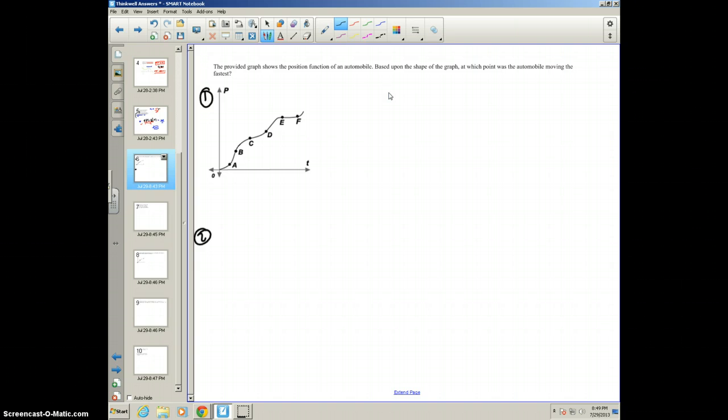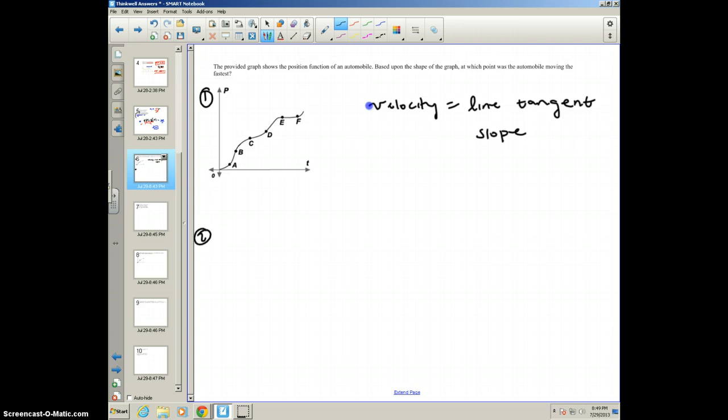The provided graph shows the position function of an automobile. Based upon the shape of the graph, at which point was the automobile moving the fastest? Alright, so as we covered in our previous video, we know that velocity equals line tangent and the slope.